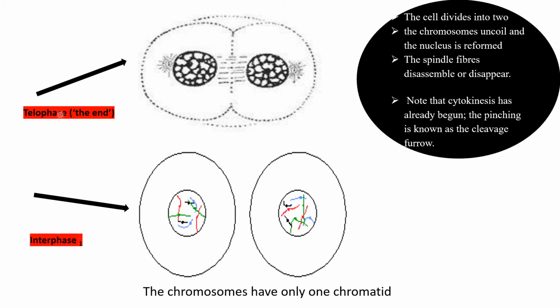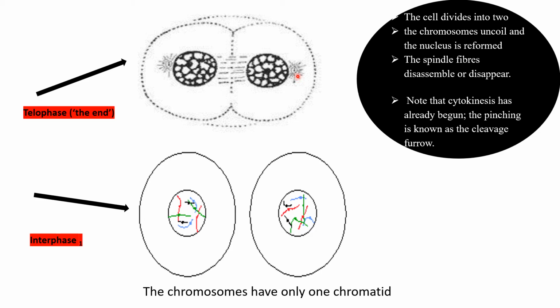Then comes telophase. During this phase, the cell divides into 2. The chromosomes uncoil and the nucleus is reformed, 1 nucleus for each cell. The spindle fibers then disappear and disassemble themselves.